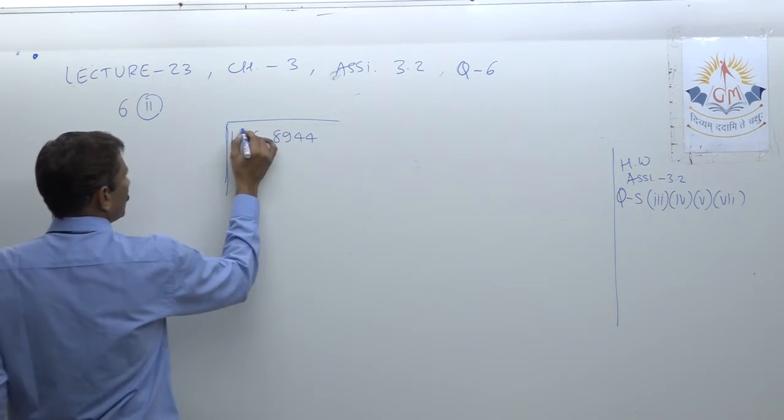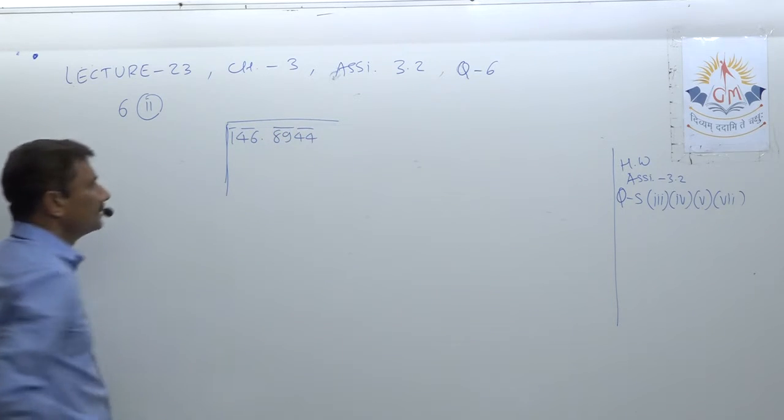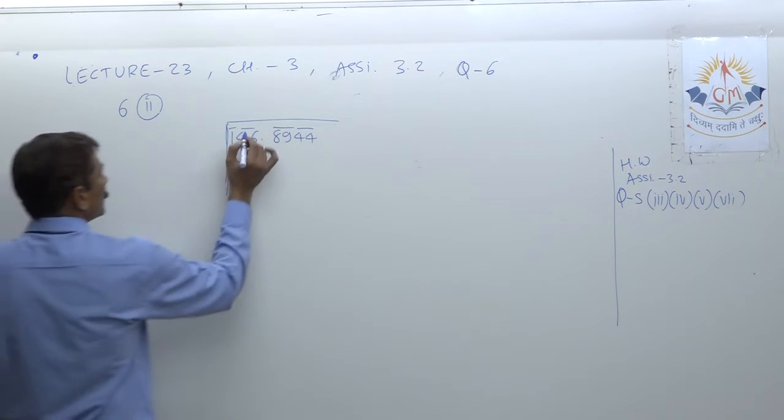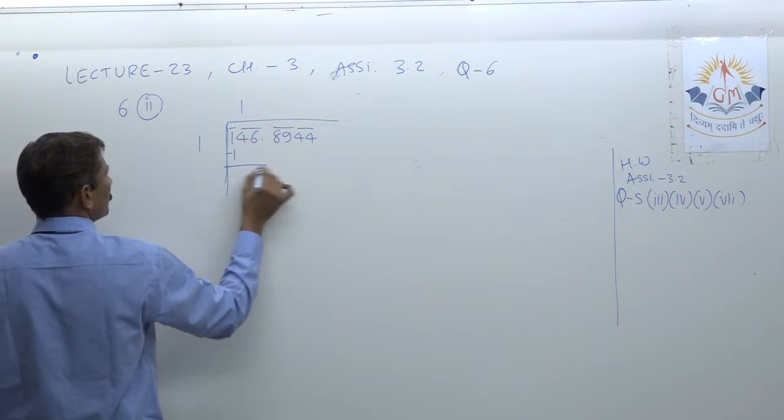Now make pairs from here only, on that side and this side. So only 1 is here, so start: 1 1 is 1. Subtraction over.